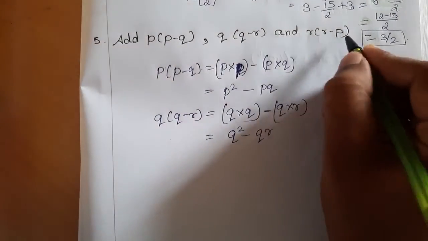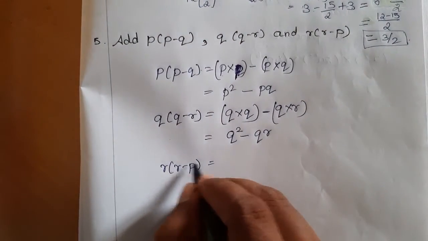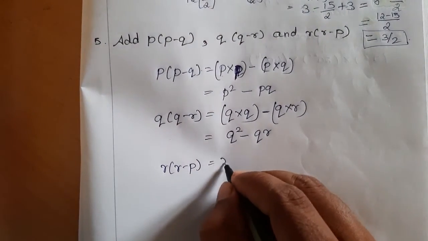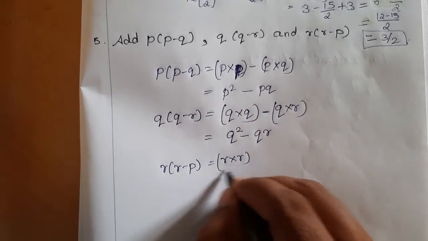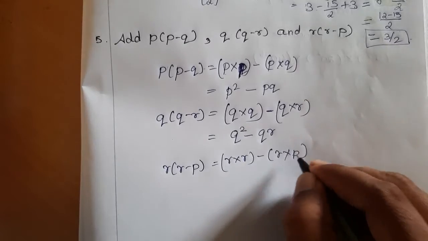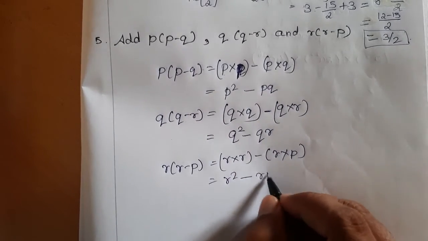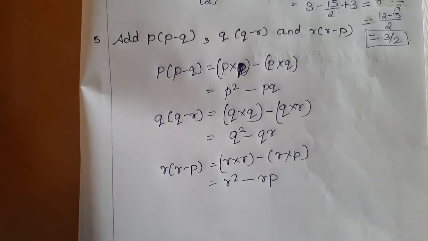And the third expression is r into r minus p. r multiplies every term. So r into r, minus r into p. So r into r is r square, minus r into p is rp. Clear?